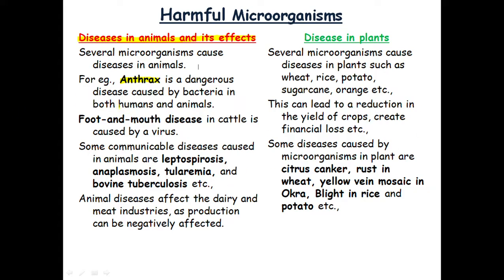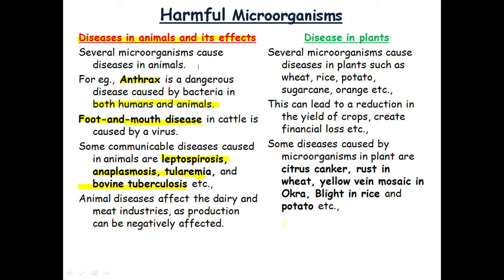It causes disease to both animals and humans. Now next is foot and mouth disease. I'll discuss later how anthrax works. Foot and mouth disease in cattle is caused by a virus. Some other diseases in animals are leptospirosis, anaplasmosis, tularemia, and bovine tuberculosis. Animal diseases affect dairy and more.